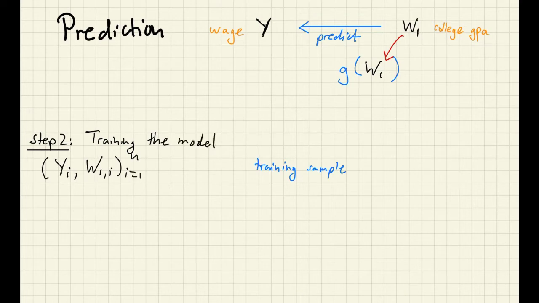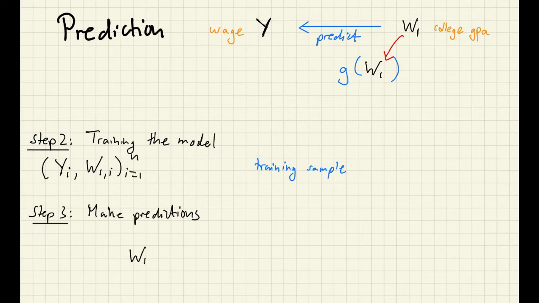Now that we have found our g function, we want to apply it to new data, and this is step 3. In step 3, we are making predictions. So suppose that we have new data on a new student for whom we observe w1.